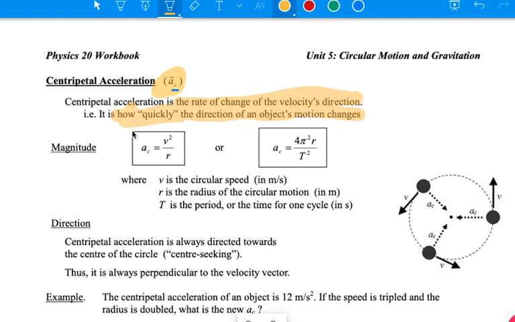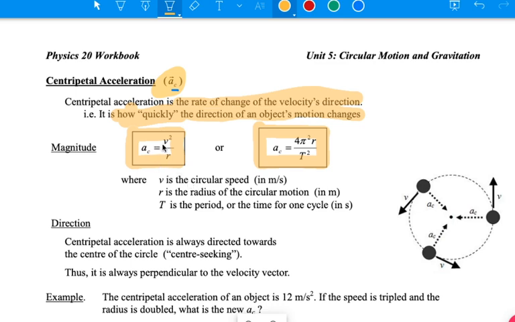And we get two new formulas given on our formula sheet for centripetal acceleration. We either have our speed squared divided by the radius, or we have this big long one derived from our circumference squared, right? So 4 pi squared r divided by period squared. So you're given these. I won't get into the derivation of them.